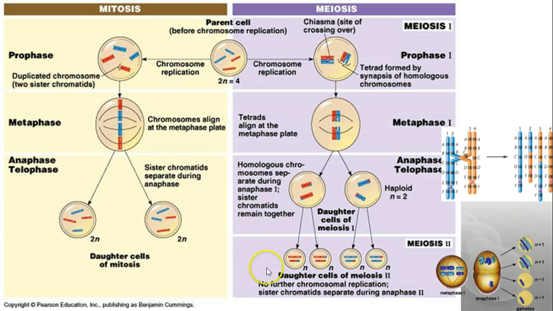Now remember, meiosis is the making of gametes, eggs and sperm, and only the female and male germ cells, remember our stem cells, only the female and male germ cells do this. Mitosis is just the replication and division of any cell, okay?